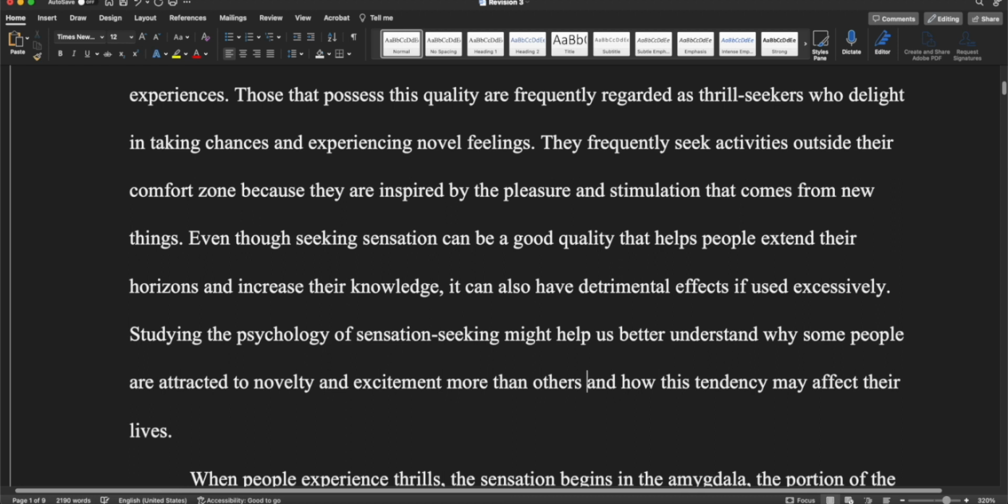So this is a conjunction that's combining two sections, but this section is not a full sentence. How this tendency may affect their lives is not a full sentence. Are attracted and how.